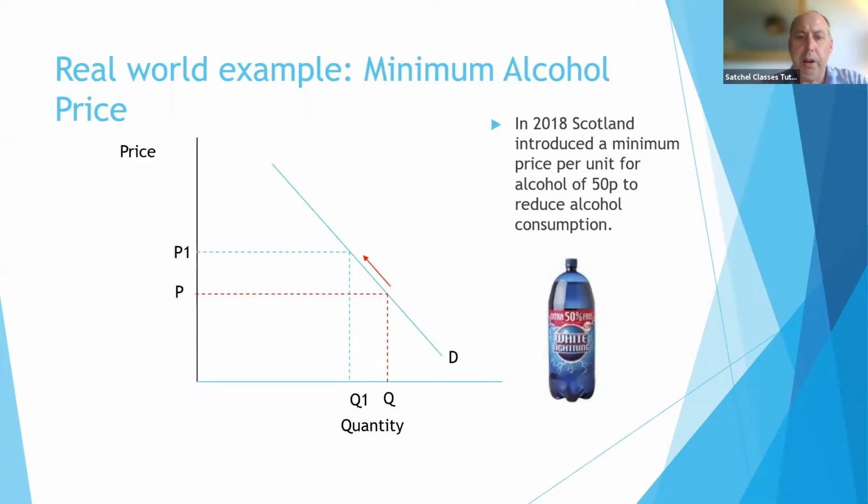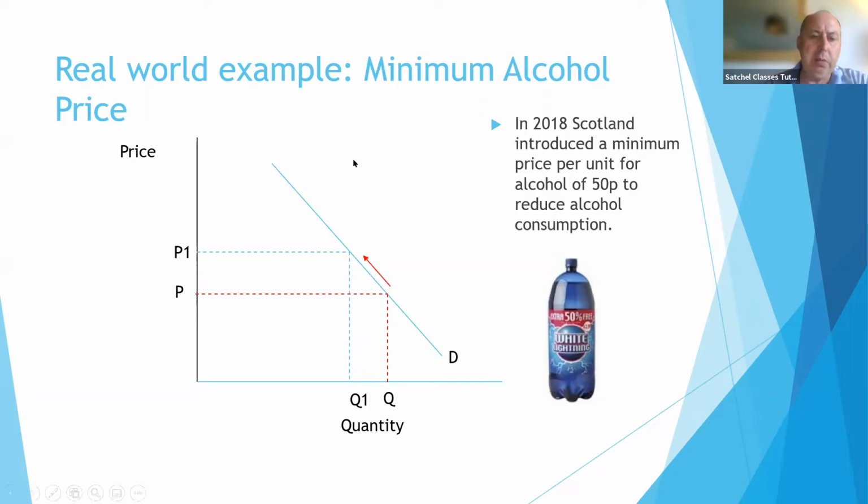It didn't affect the price of expensive whiskies, wines, lagers, beers, etc. It was aimed at reducing the consumption of the cheap ciders and beers. So obviously, setting 50p as the minimum price increased the price of these cheap ciders and beers.